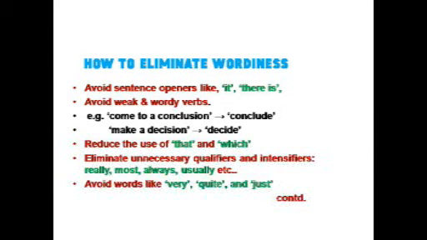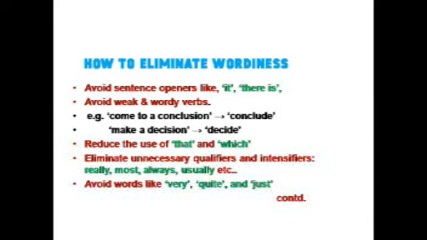Next, avoid sentence openers like it or there is. That means we better avoid sentences starting with it or there is. Then avoid weak and wordy verbs. That means very long verbs or using too many words like come to a conclusion.